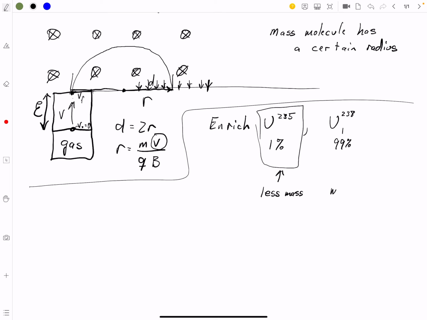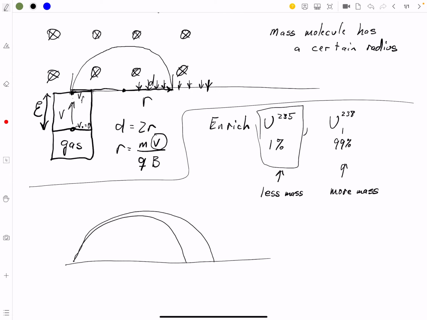This one is more mass. So more massive, more radius. If we draw our circle and another circle, here's where the 238 comes out, and here's where the 235 comes out.